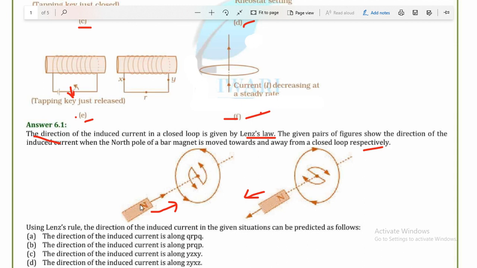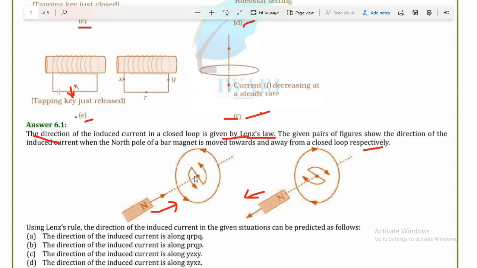So since the north pole is moving towards the coil, the face behaves like a north pole to repel this magnet, and when it is moving away, then it behaves like a south pole to attract, so that it can stop the magnet. So this is the law known as Lenz's law, by which you can give the directions of the current in different loops.